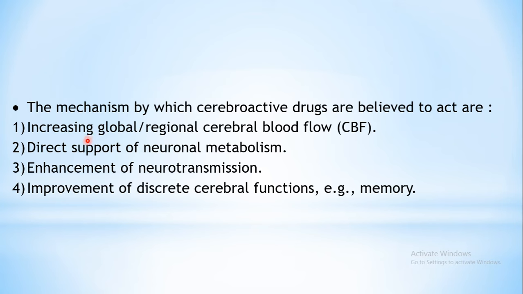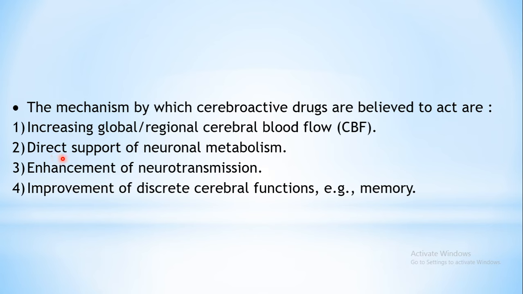So these cerebroactive drugs were found to act by increasing the global or the regional cerebral blood flow. Meaning the blood flow to the brain is increased either globally, in the whole brain, or regionally, in certain areas of the brain. So this could be one mechanism by which the cerebroactive drugs could improve these symptoms.